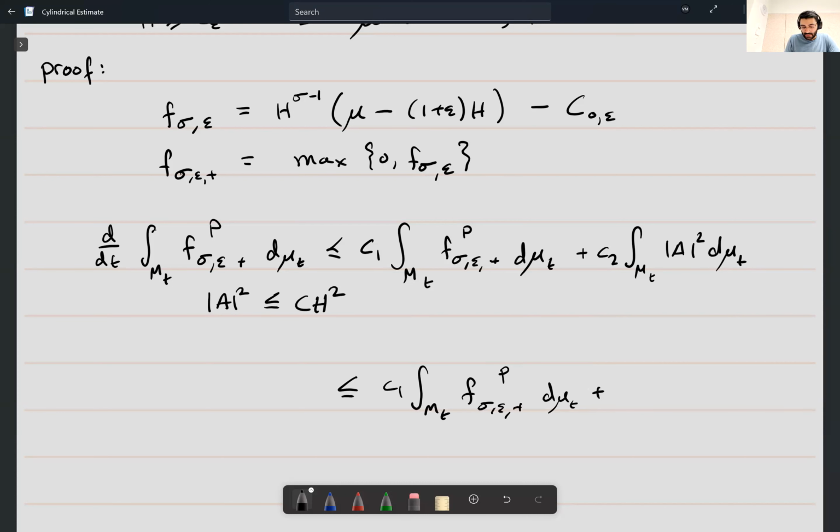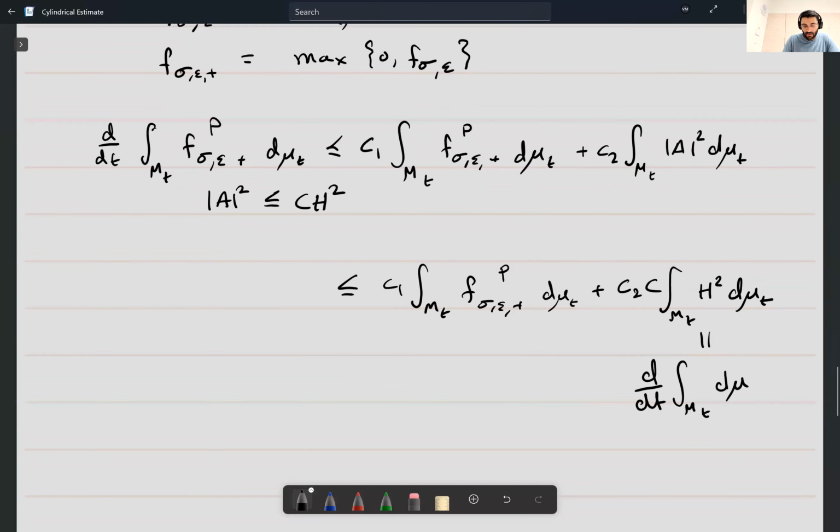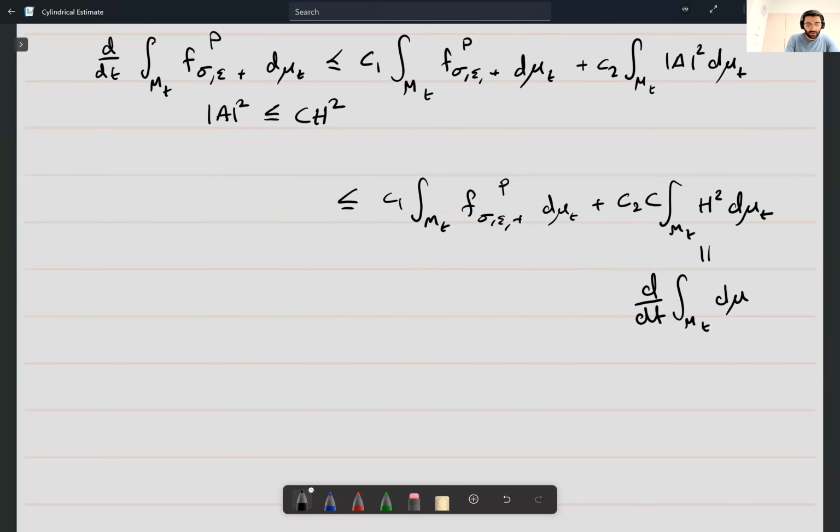now here I get, I'll use C again, C times H squared. But the integral of H squared over Mt is equal to the derivative of just the volume of M. So this derivative can be brought to the other side.